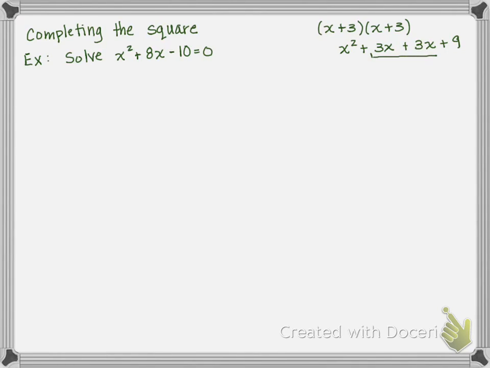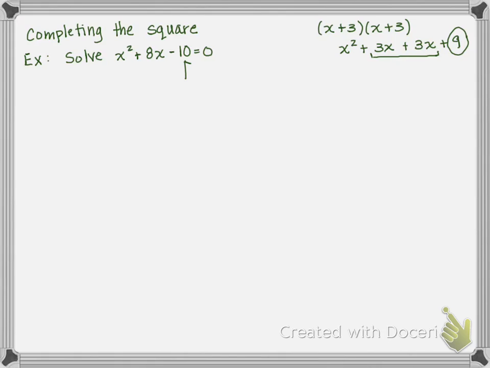Well, I always have two of the same terms in the middle that combine to give me the coefficient of the middle term. And then this number is always a perfect square because it's always the constant of the binomial that we're squaring, just squared, right? When you multiply constant terms, you get the constant term. So that constant term is always a perfect square.